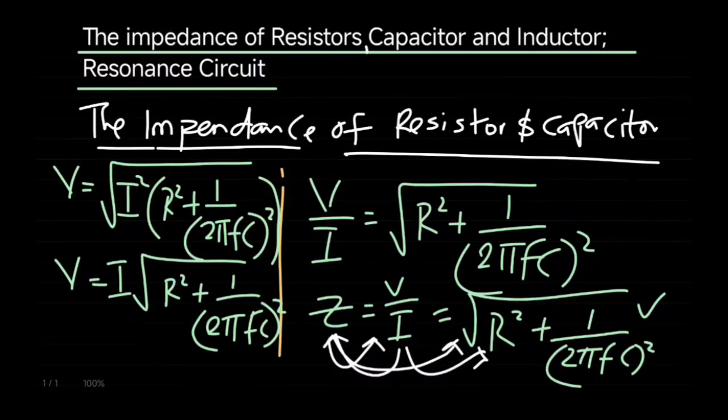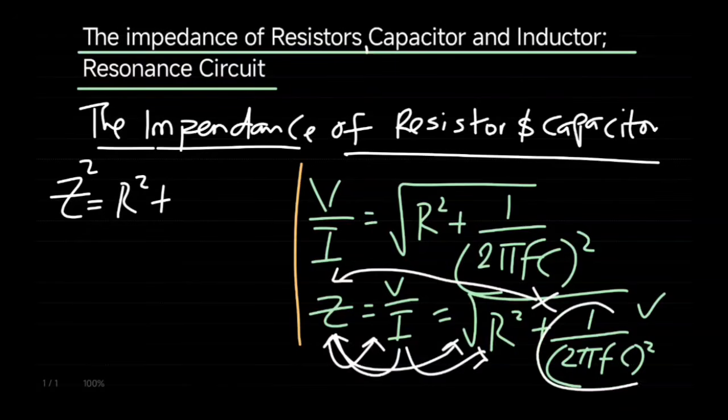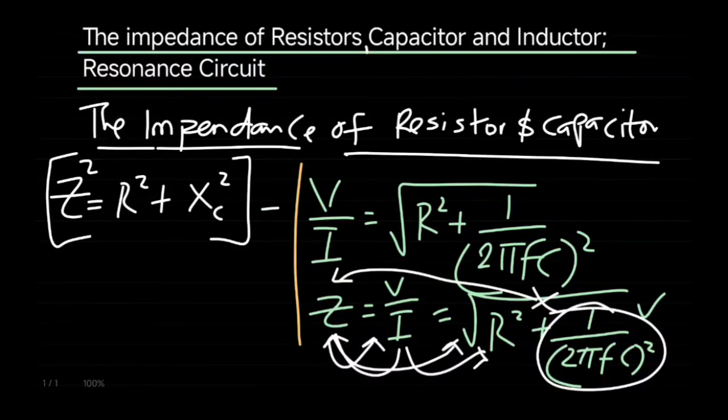Let's simplify this final equation, which is the impedance. You can also say that if we move the square root down to this side, we'll be having Z square is equal to R square plus, recall that everything here is XC all square. So we can decide to leave the equation of the impedance of resistor and capacitor this way, or this way.